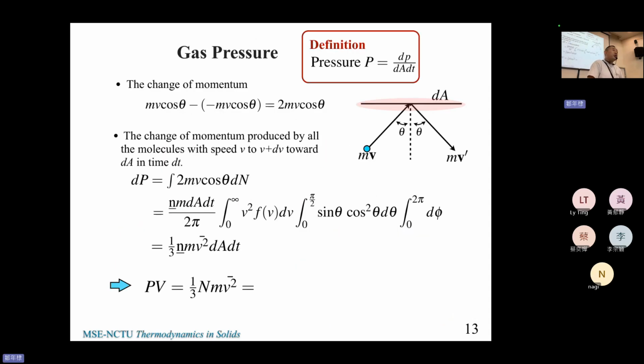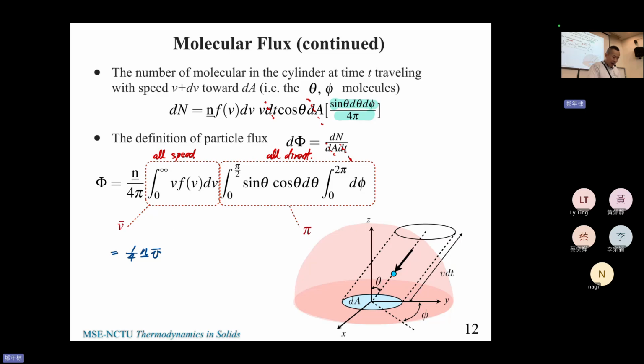OK, right. Why should we do that? Why? All we need to know is how frequently the velocity and the direction can hit that area. Why do we need to do that? Because the hitting collision for a particular area is useful for determining some material properties that we are familiar with.